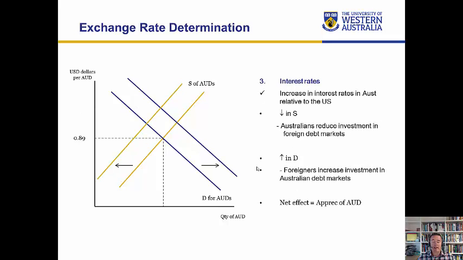Okay, and then we've got interest rates. We've got an increase in interest rates in Australia relative to the US. That is going to decrease the supply, increase the demand, and cause an appreciation of the exchange rate.